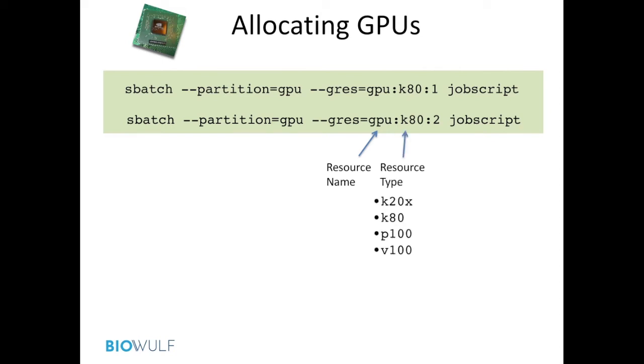The second is the GPU type, and these are the types discovered in the previous slide. At the moment, there are 4 choices: K20X, K80, P100, and V100. And the third part is the number of GPUs to allocate per node. This must be between 1 and the maximum number of GPUs on a node.